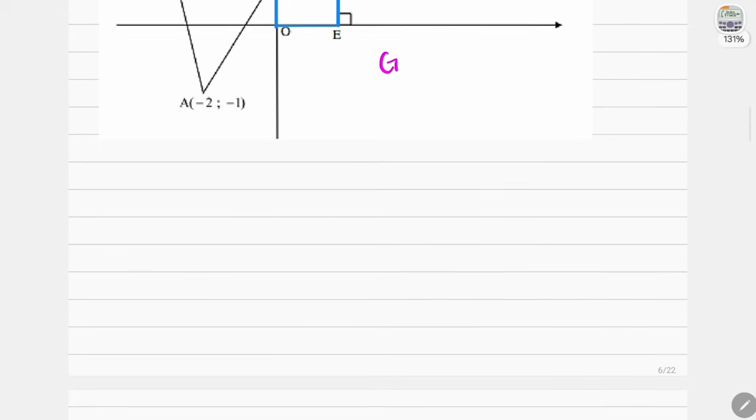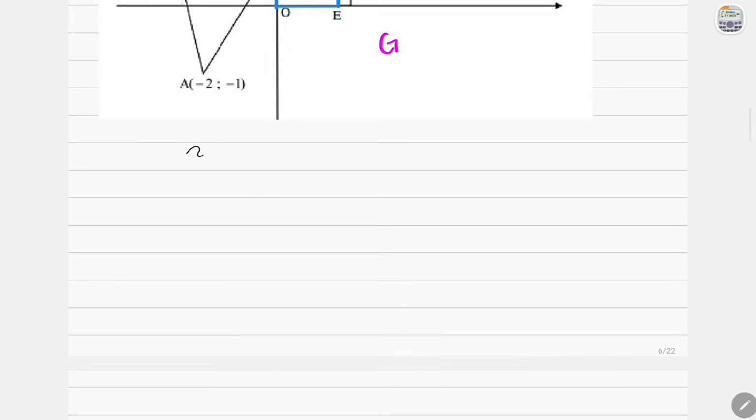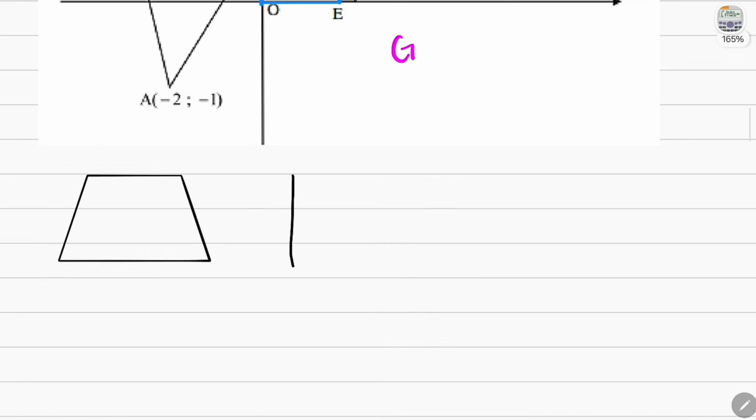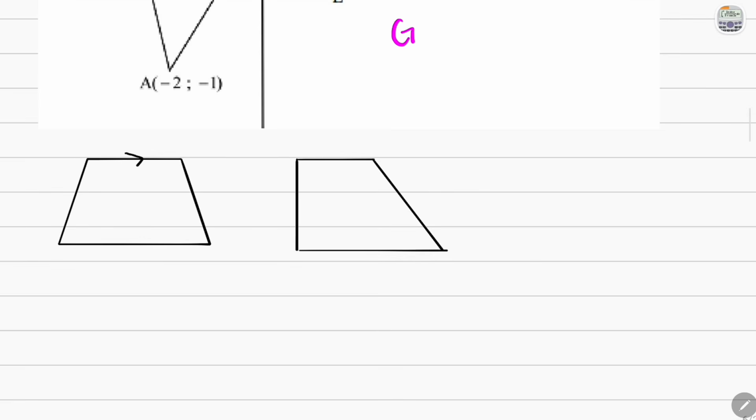So it's a trapezium, and to find the area of a trapezium, this is how we work with it, regardless of what it looks like, as long as you have its perpendicular height. So it could look like that. It could also look like this. So as long as you have a pair of parallel sides, this is a trapezium.